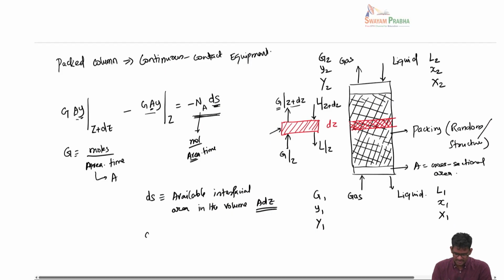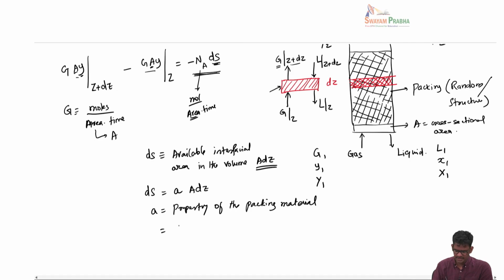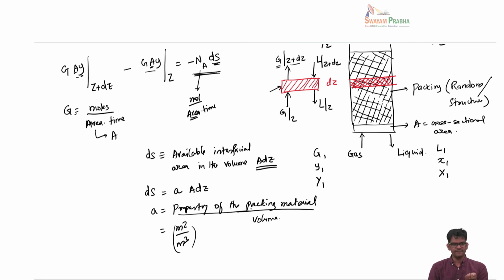So, now I can write this dS is equal to small a times A dz, where small a is a property or characteristic of the packing material, and this is given in the units of meter square per meter cube. So, a is a property of the packing material. It is given as the area available per unit volume of the packing.